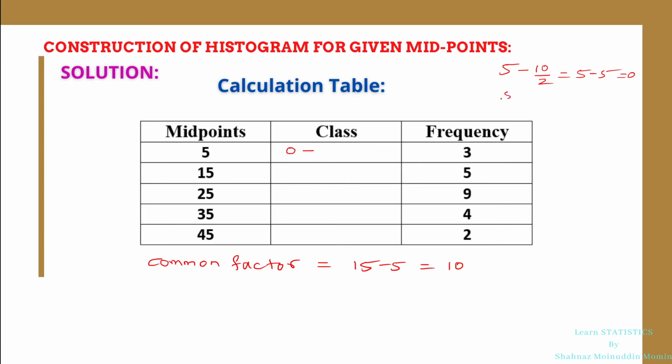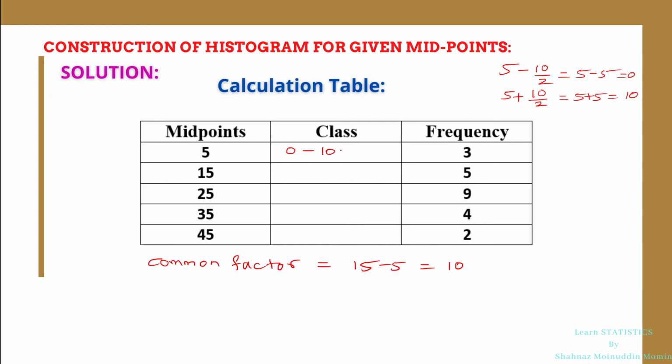To obtain the upper limit, add half of the common factor to the midpoint. Here the midpoint is 5 and half of the common factor is 10 by 2. So it is 5 plus 5, which is equal to 10. Hence the upper limit of the first class is 10.